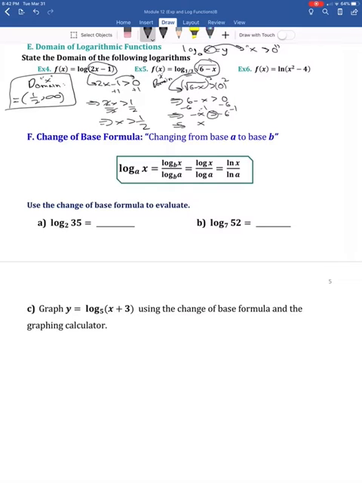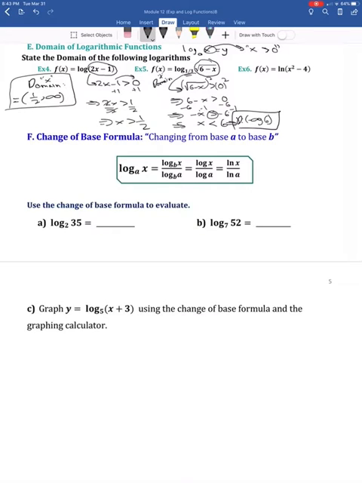When we do that, it reverses the inequality. We multiply or divide by a negative, it flips it. We've got x less than 6. So numbers like 5 or 4 or 3. There's our domain restriction. So our domain, all the real number values of x, would be negative infinity to 6. There's our domain in interval notation.